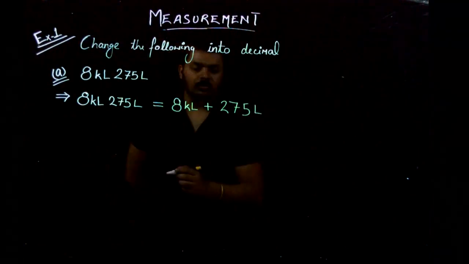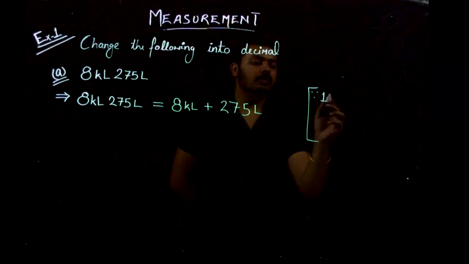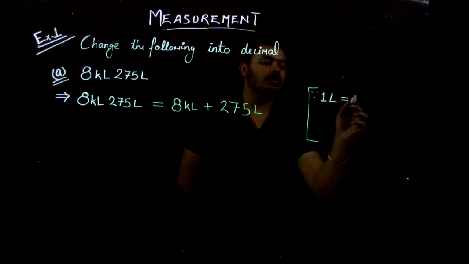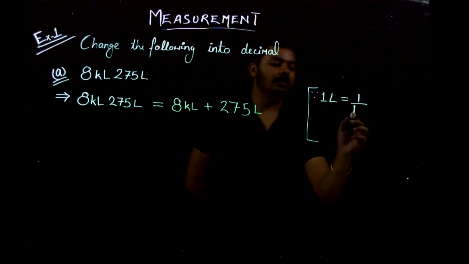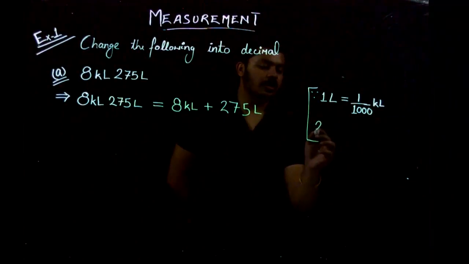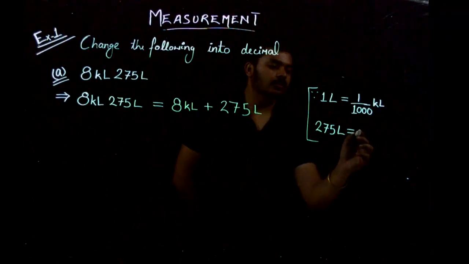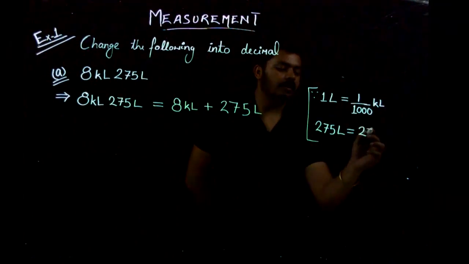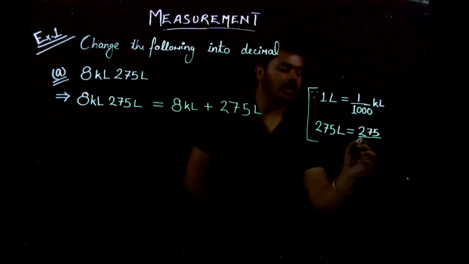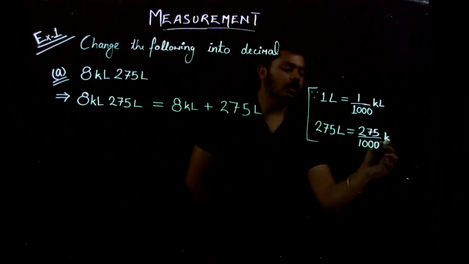275 liters. Now we know that 1 liter is equal to 1 by 1000 kiloliter. So 275 liter will be equal to 275 by 1000 kiloliter.